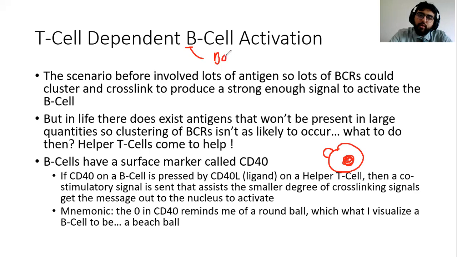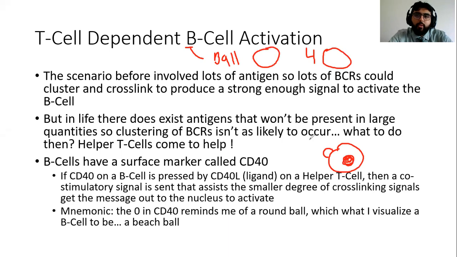When I think of a ball, I think of a circle, and then I think of a B cell as a ball, and then I think about the 0 in 40 as also a ball. Whatever works for you. But CD40 really is a B cell thing, so you won't really see CD40 too much in the context of other types of cells.